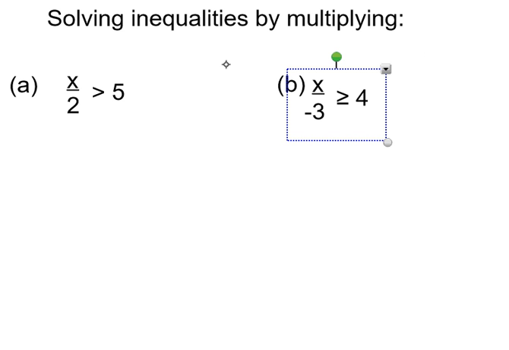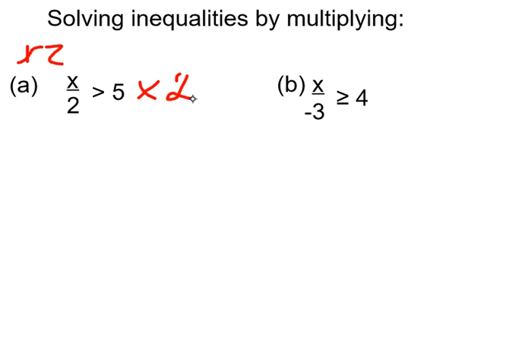So how do I get rid of dividing by 2? To get rid of dividing by 2, I'm going to multiply both sides by 2. So on the left-hand side, these 2's are going to cancel. I'll be left with x is greater than 10.